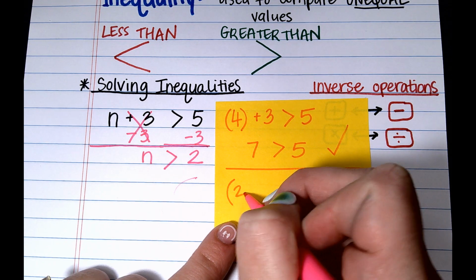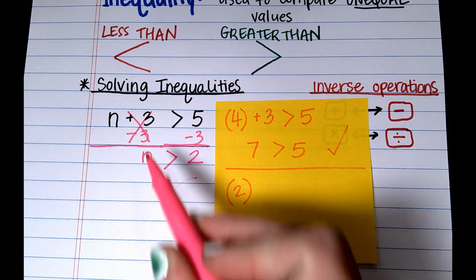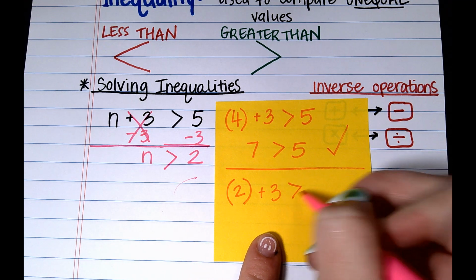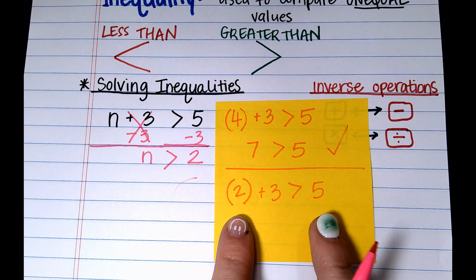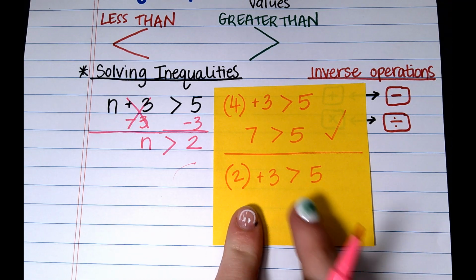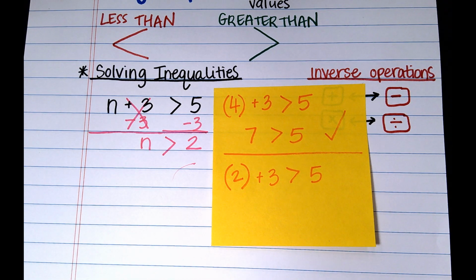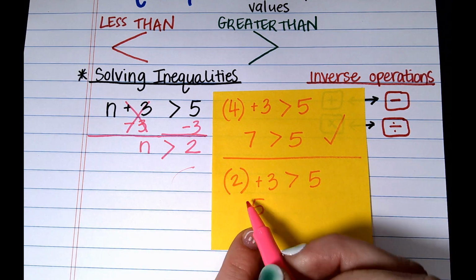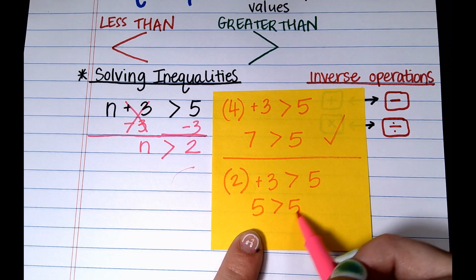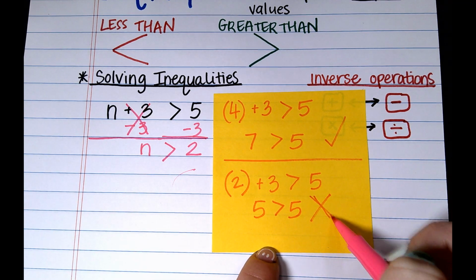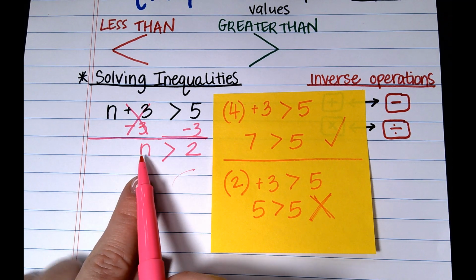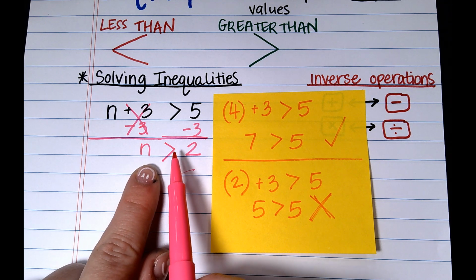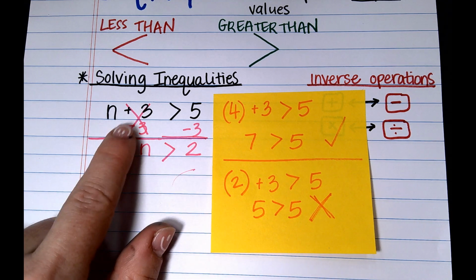If I replace n with 2, 2 plus 3 is greater than 5. So is 2 plus 3 bigger than 5? No, they're equal. So is 5 greater than 5? No, it's not. And that's why we can't say n is equal to 2. We say n has to be a number that's bigger than 2. And that's what will make this true.